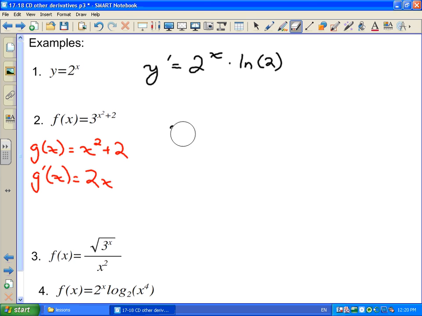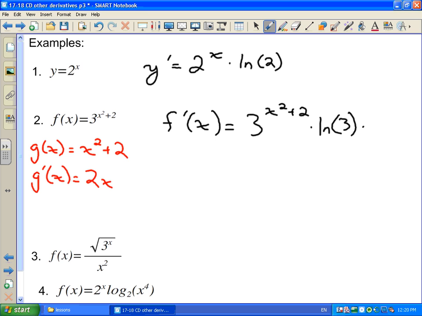So our derivative, f primed at x is, well, we had the original function, so 3 to the x squared plus 2. Okay, so our original function, a to the g at x, multiply times the ln of our base, so ln, not 2, but ln 3.